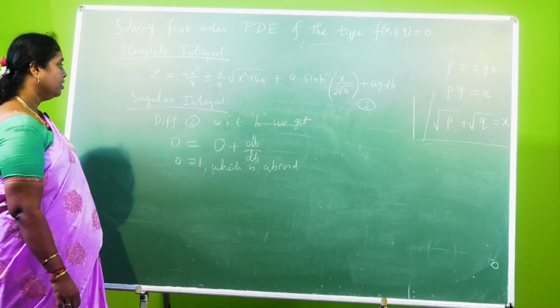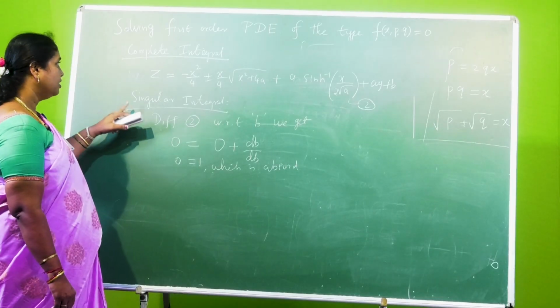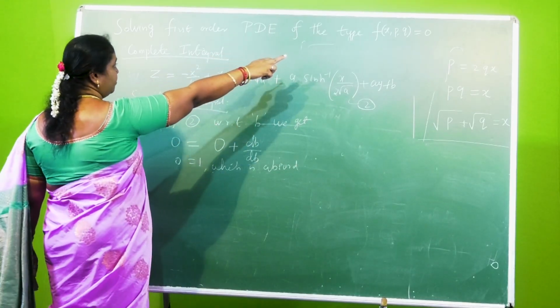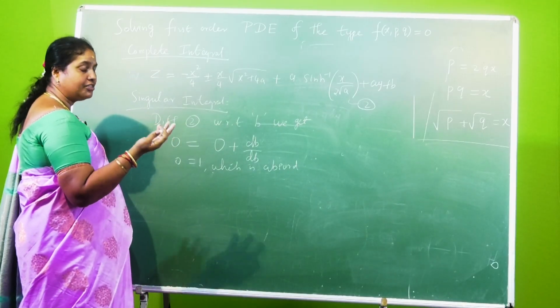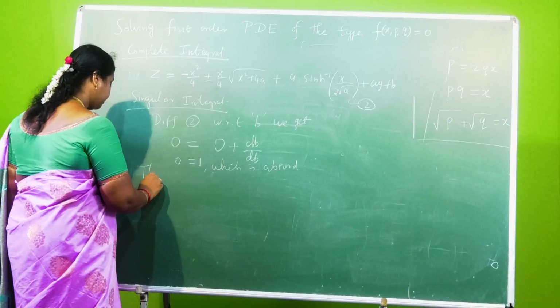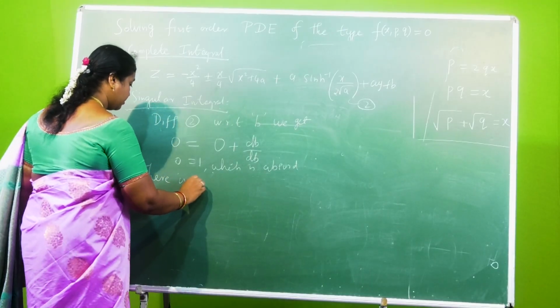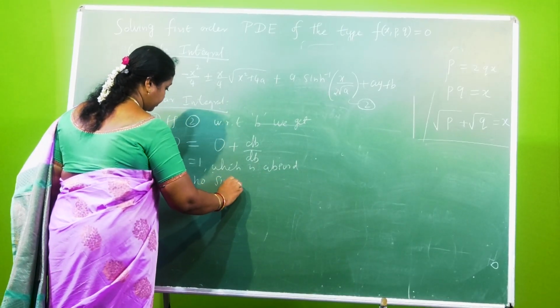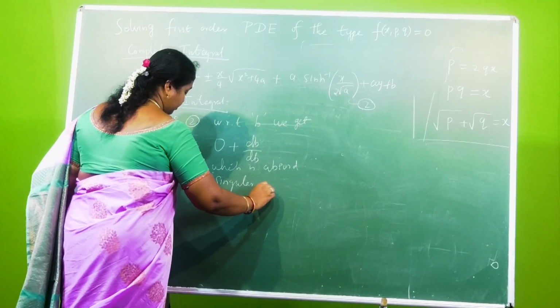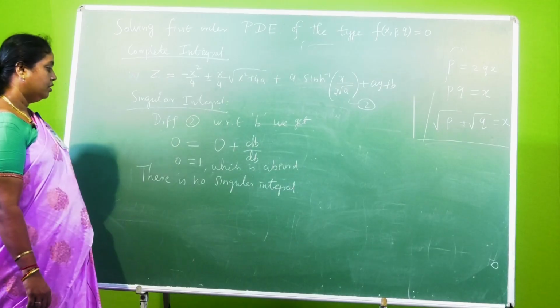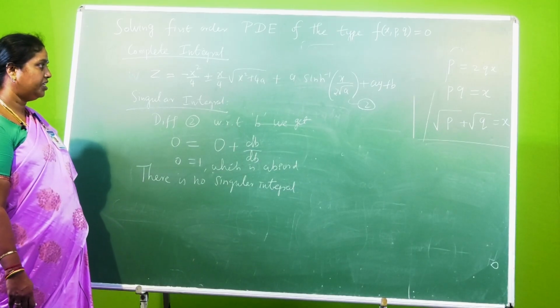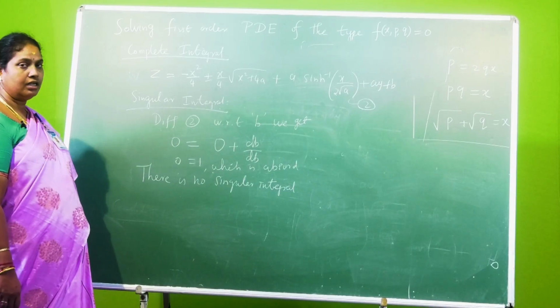So in this case, the first order partial differential equation of the type f of x comma p comma q does not have a singular integral.